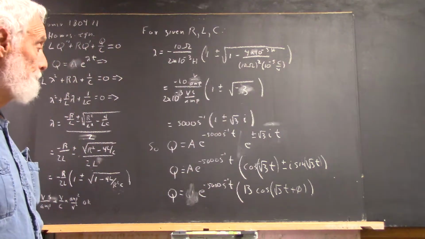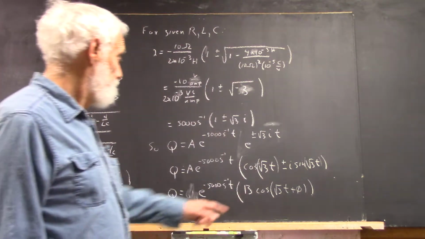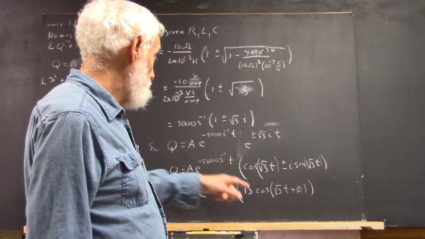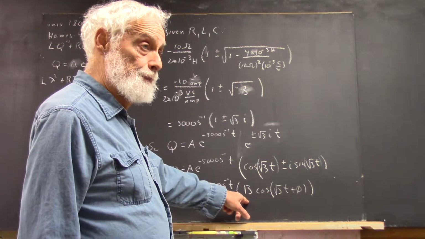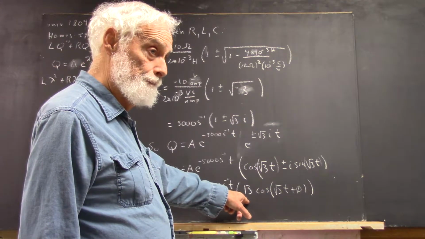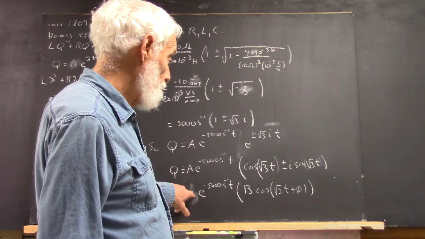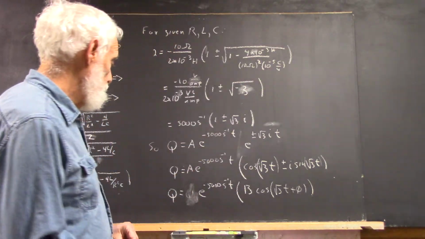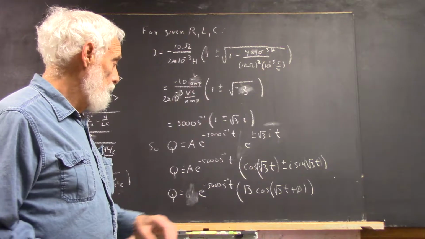B is an arbitrary constant. Make sense? And that shouldn't have been a Q naught there because we can see how it will behave at 0.